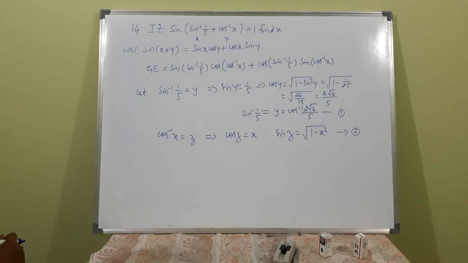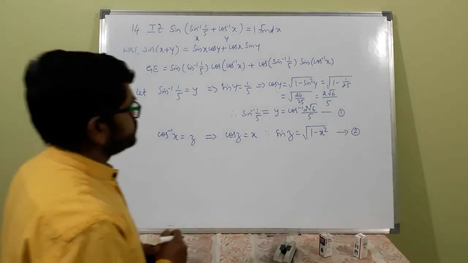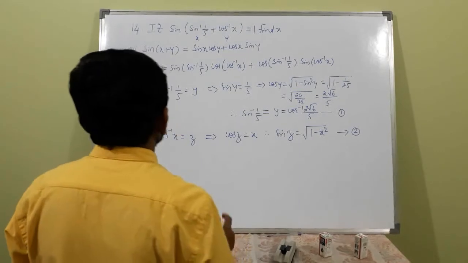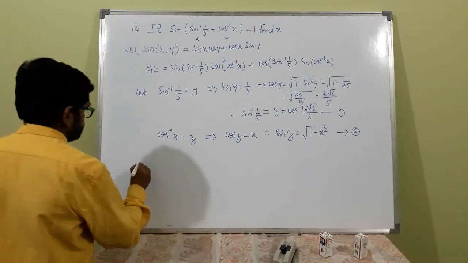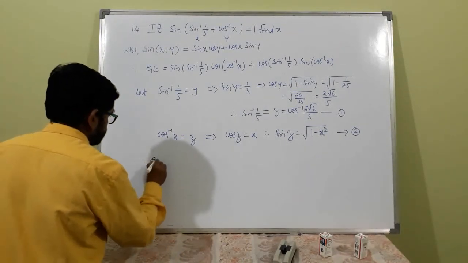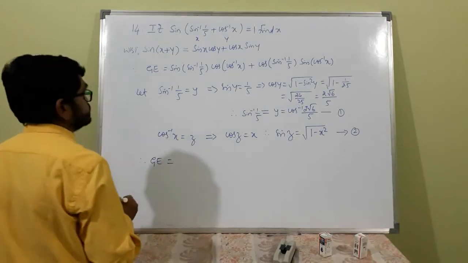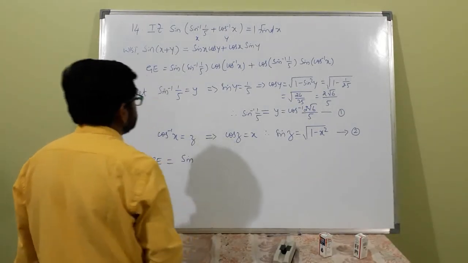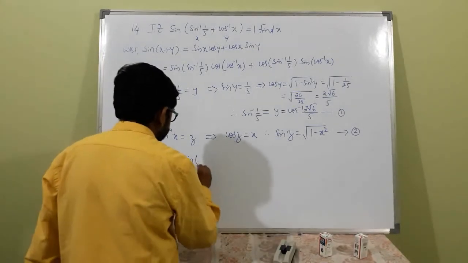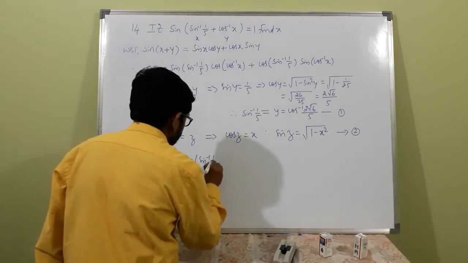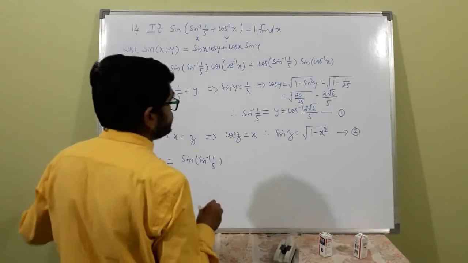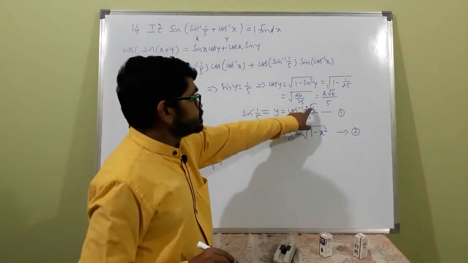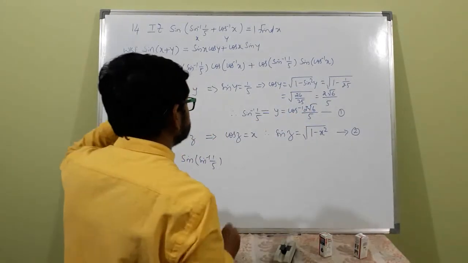Cos inverse of, okay. Therefore, given expression becomes sin inverse 1 by 5. Don't put here cos inverse of 2 root 6 by 5 because this is of no use.